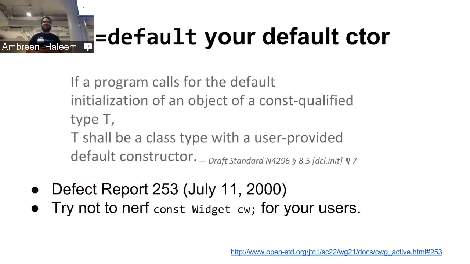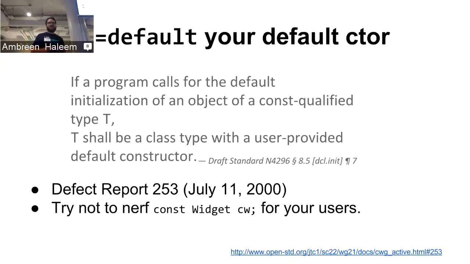"If a program calls for the default initialization of an object of a const-qualified type T, T shall be a class type with a user-provided default constructor." In other words, I can't say const double d; That is not allowed. But similarly, I can't say const Foo f; if Foo has a member of type double, unless Foo has a user-provided default constructor.